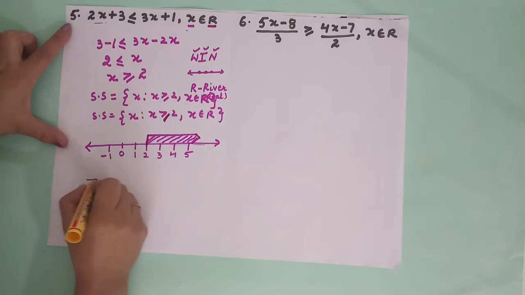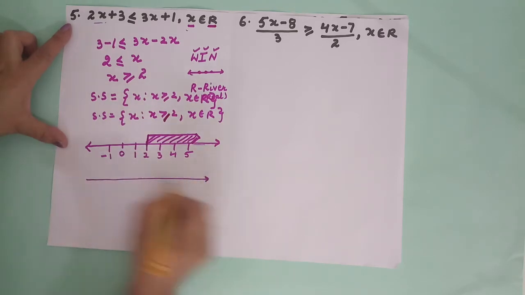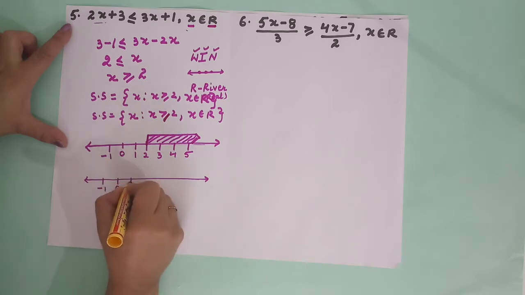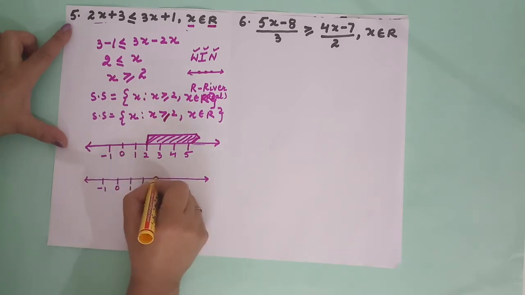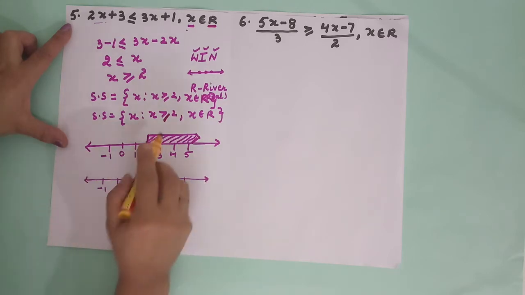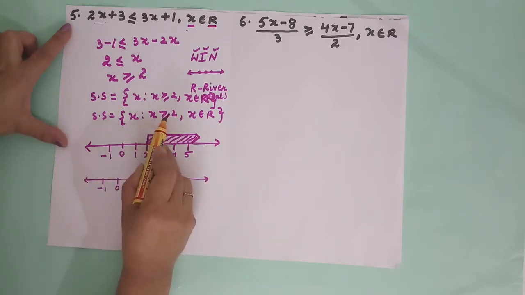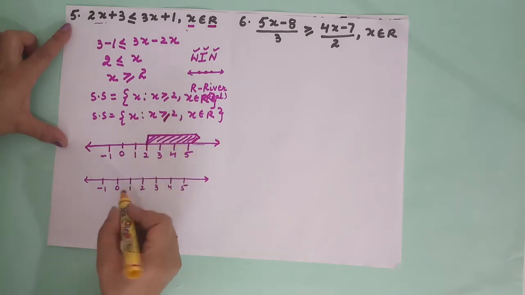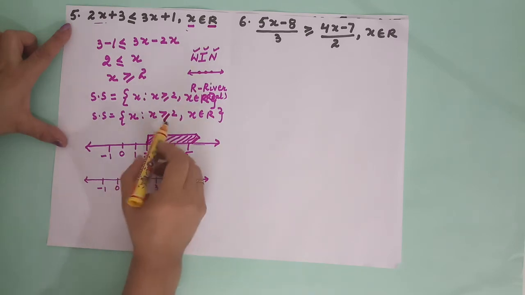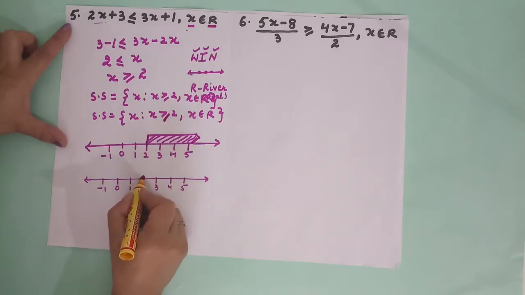Another way of representing this is, again you take minus 1, 0, 1, 2, 3, 4, 5. Now x is greater or equal to 2. Now the equality sign is there. Go to 2 and place a dark circle. If the equality sign had not been there, we would place a simple circle here, not the dark one.